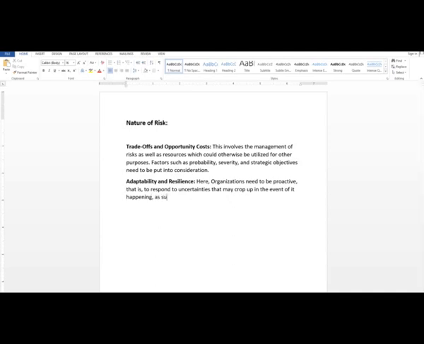As such, they need to put up certain measures to guard against such eventuality.